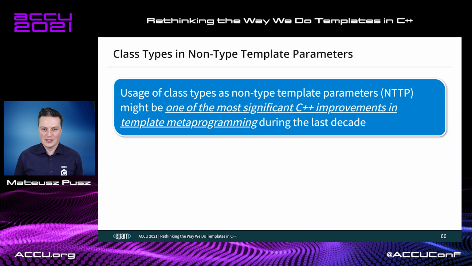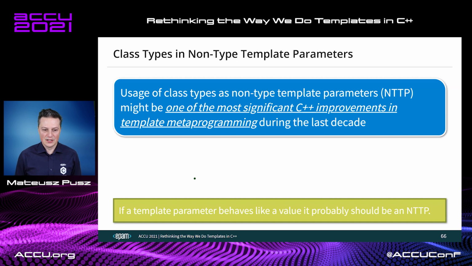With my experience in this library working with non-template parameters, I would say that this feature is one of the most significant C++ improvements in template metaprogramming of the last decade. There are so many new use cases opened thanks to this feature that I'm really enthusiastic about it, and I hope to see it used more in the future.